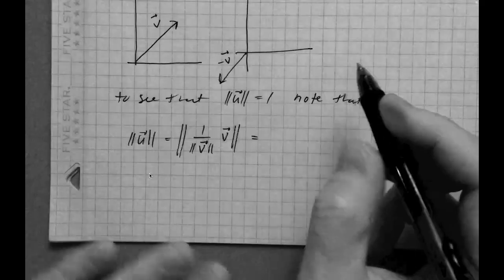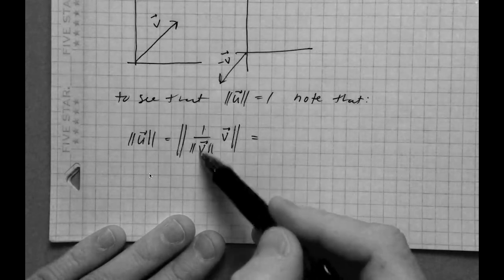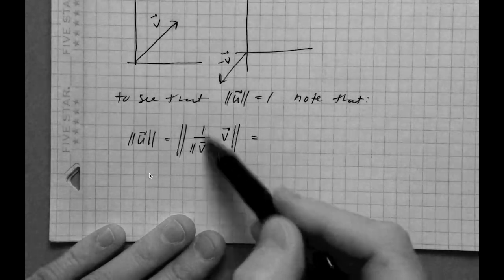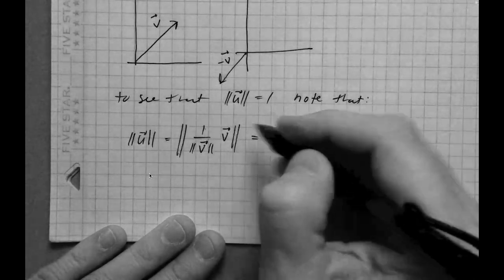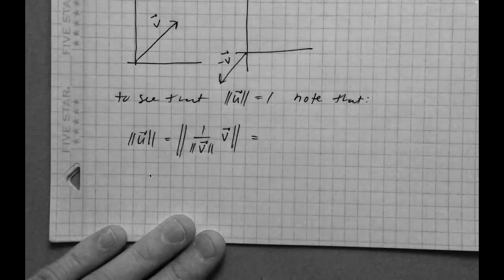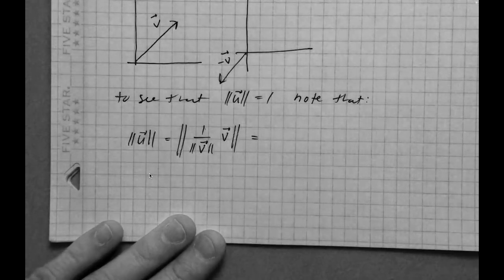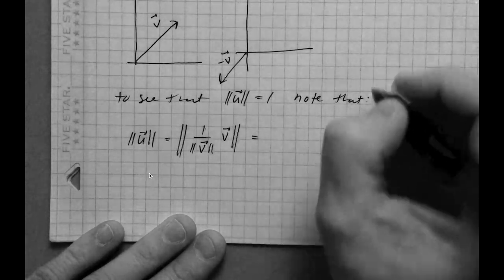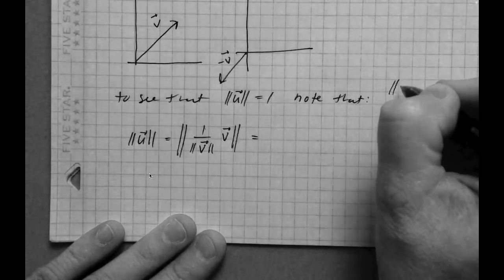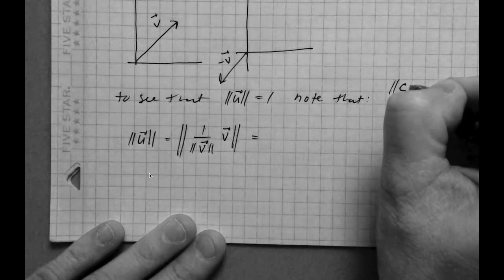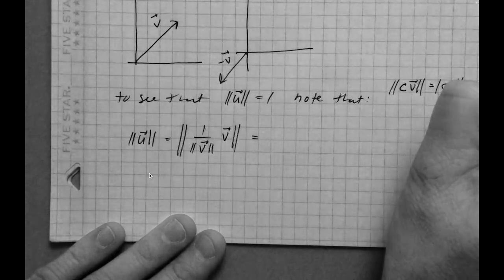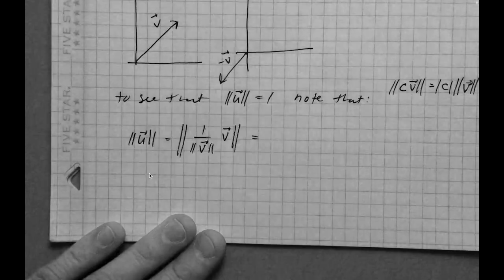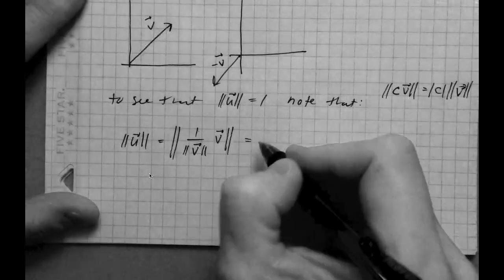Now, 1 over the norm of v is a scalar. This is 1 divided by some number, so it's just a scalar. And we just talked about what happens when you take the norm of a scalar times a vector. Remember we said that the norm of a scalar times a vector is equal to the absolute value of the scalar times the norm of the vector. So that's what we want to apply here.